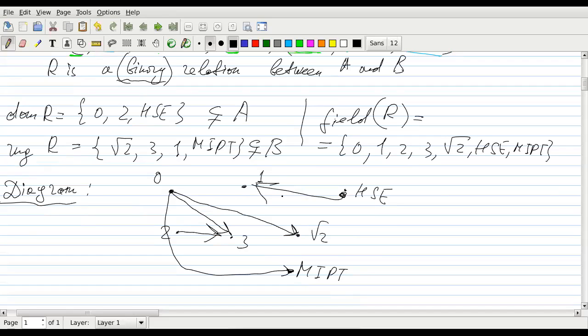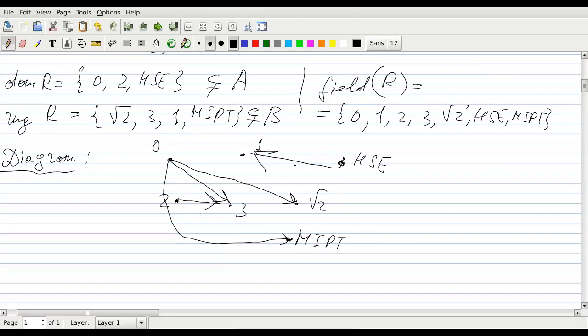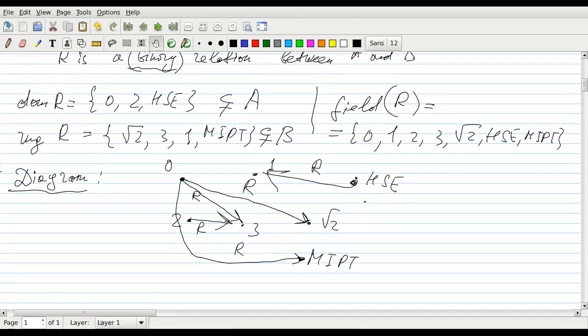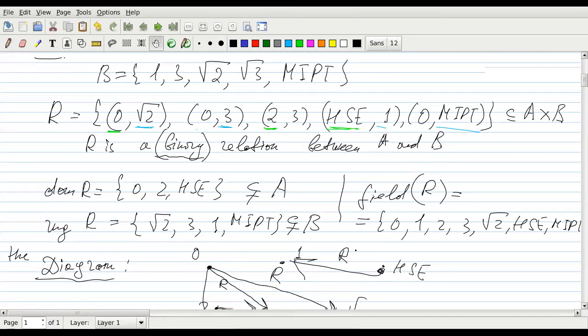If you are to show more than one relation in one diagram, you will mark the respective arrows with some letter for your relation. Is the principle clear? Yes, I think it is quite clear.